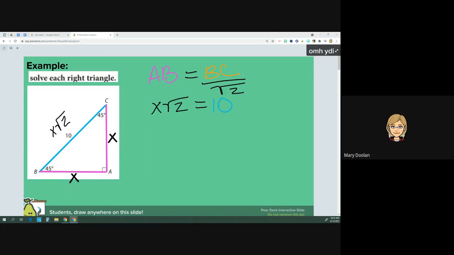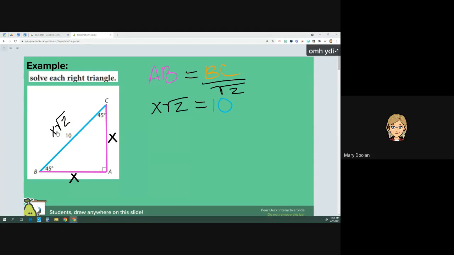Okay, so there's a couple different ways I could write an equation to go ahead and solve it. So these are both true. They're both somewhere you can start. One may make more sense to you than the other. The side AB is x. The side BC is 10. I have to divide 10 by the square root of 2 to get x.